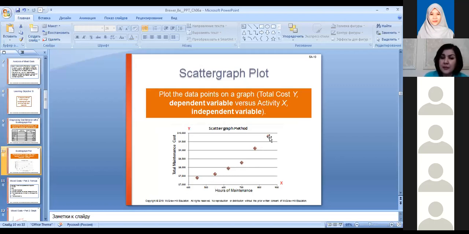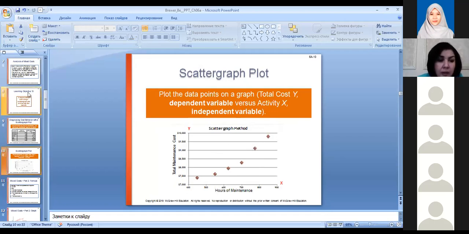As you see, this is a scatter graph plot. We have only points, only dots here. It is the scatter graph method.